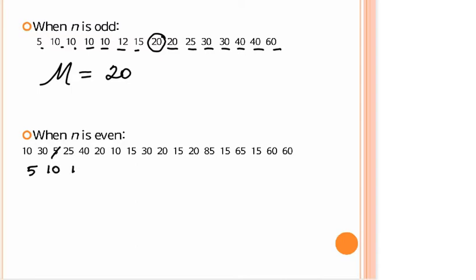10 and 10, right? And then it looks to me like I've got some 15s. 1, 2, 3, 4. And then I've got some 20s. 1, 2, 3.